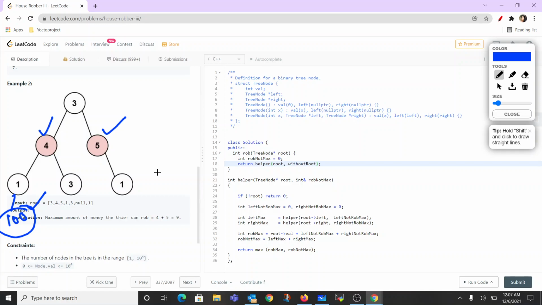If one more node had been there, then rather than choosing 5, we would have chosen 6 and 1. Then 5 wouldn't have been chosen. So that's why it is not necessary that we would be choosing something like this.